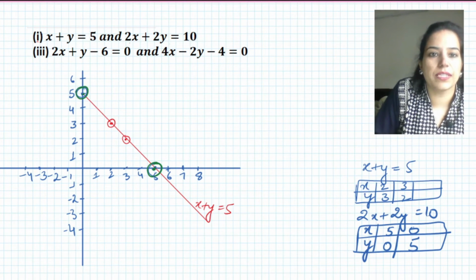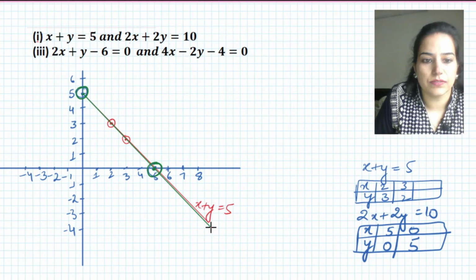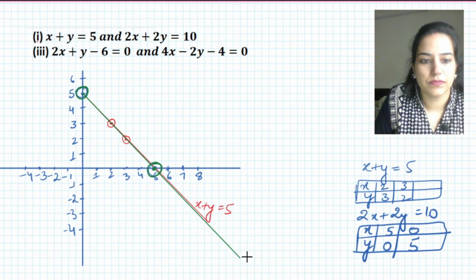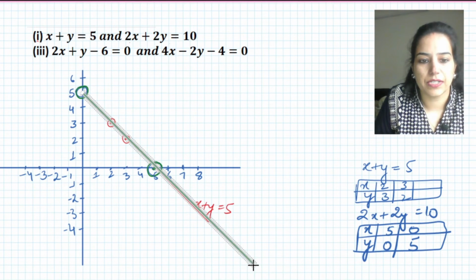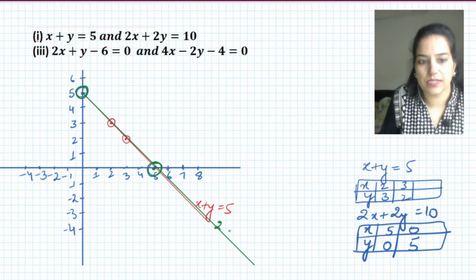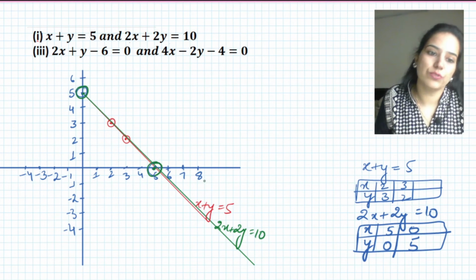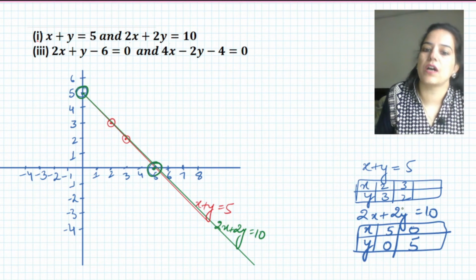And if I join them, this is definitely the overlapping line only, like this, right? There could be little error in it, but this is 2x plus 2y is equal to 10. So you want to give a solution, all these points are solutions.